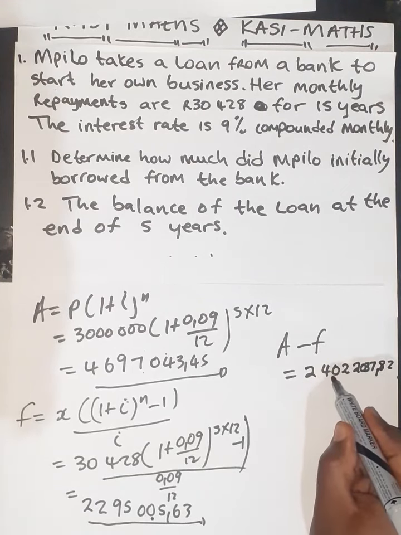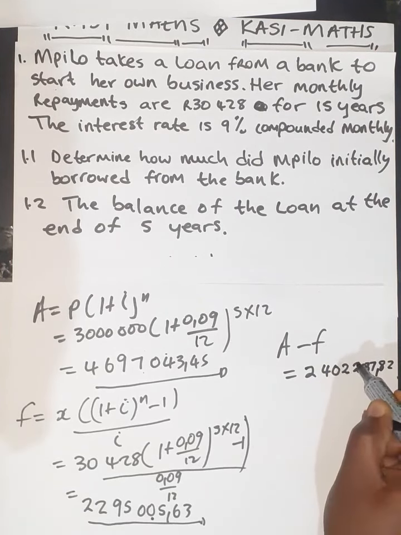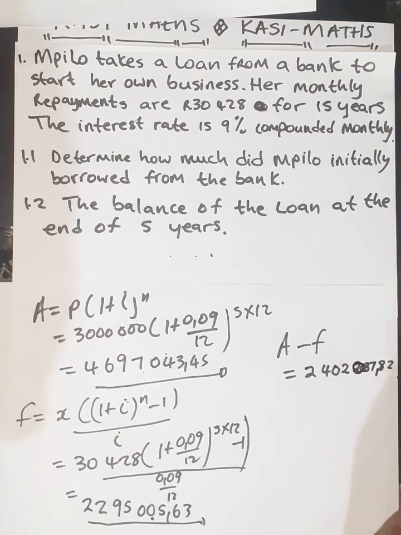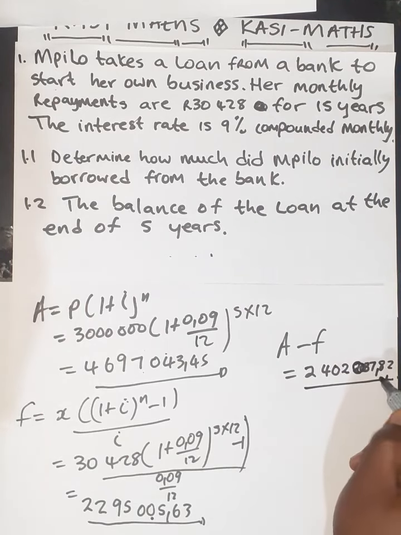So it's 2,402 and 0.37 and 82. So this is the outstanding balance.